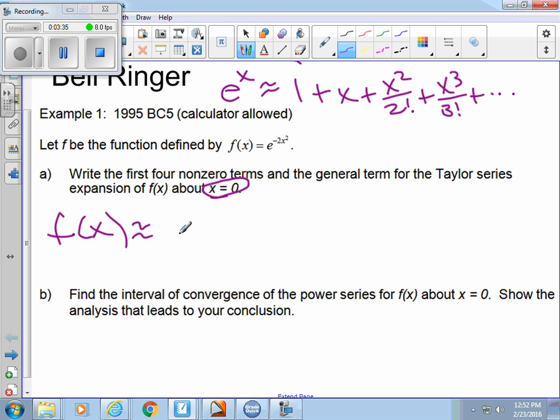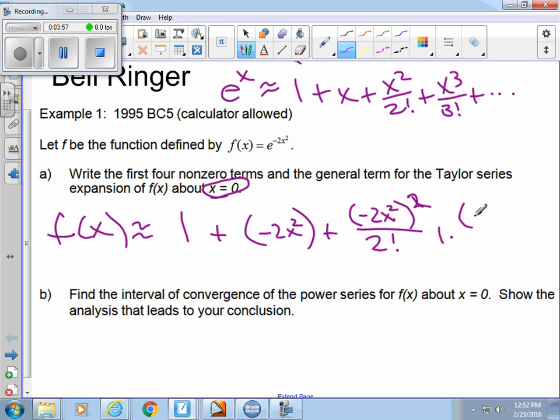So negative 2x squared, so I'll have 1 plus negative 2x squared plus negative 2x squared over 2 factorial plus negative 2x squared cubed over 3 factorial.